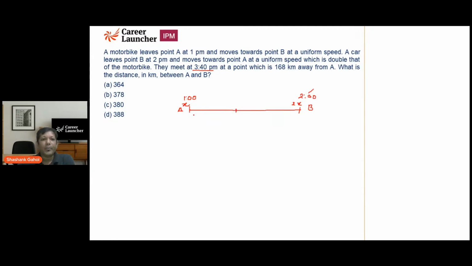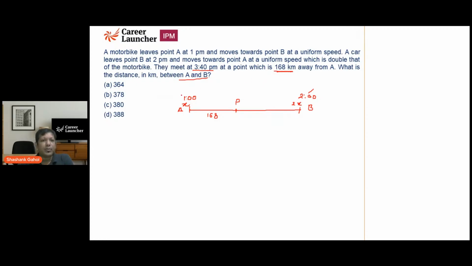So it means the meeting point is 168 kilometers from A. This point is, let's say, point P. So basically, what is the distance between these two?